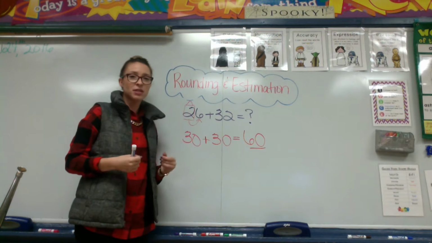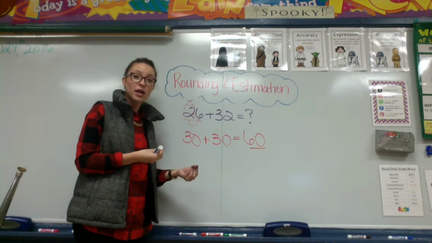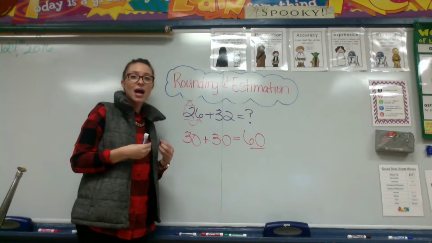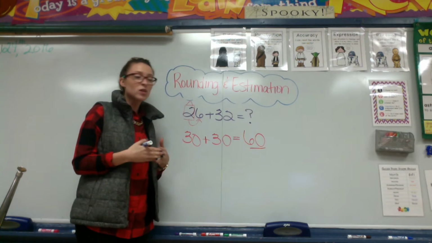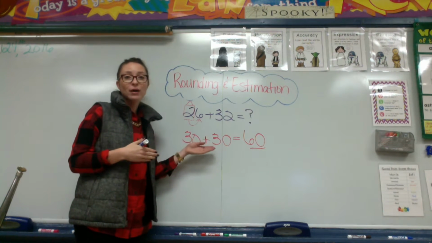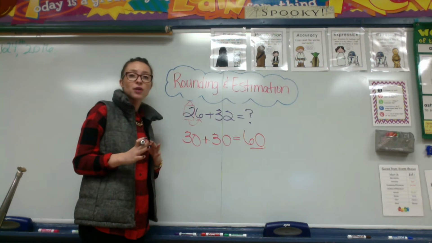If our estimate is way off in left field, then clearly we have done something wrong. And it's so important that we go back and we look and reflect and see where we made our mistakes. Was it in our addition computation or rounding? So let's take a look and let's make sure that we've rounded, in fact, correctly.